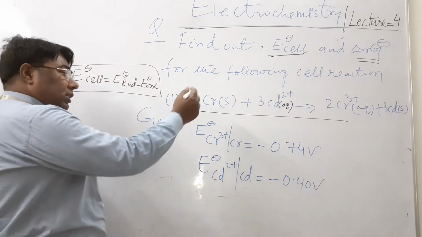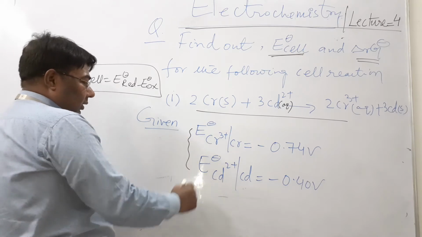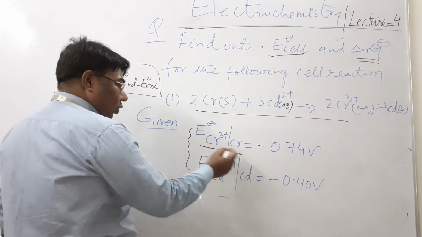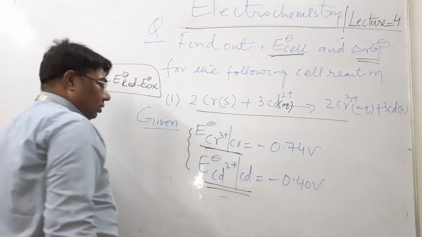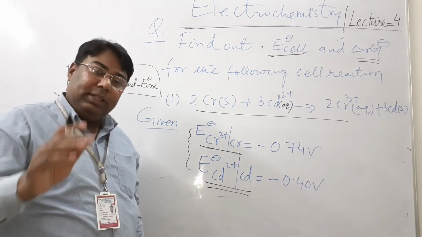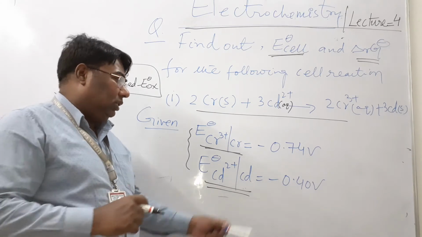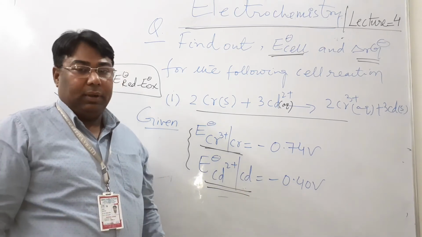In this type of question, the standard reduction potentials of chromium and cadmium are always given in the question, so you do not need to remember them.